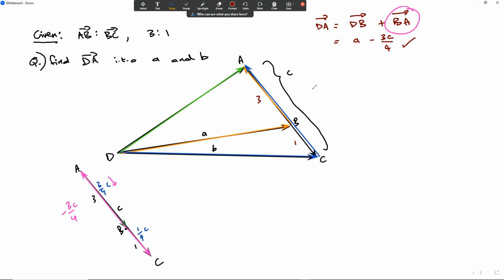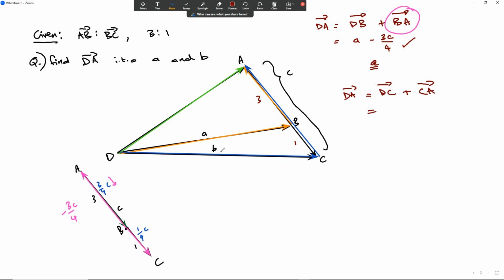Okay. The other way I could find vector dA would be to use vector b, which would be exactly the same as this, but it will have a b in it. So vector dA, let's see how it goes. To go from D to A, I can go on the blue route from D to C to A. So it's going to be DC plus CA.